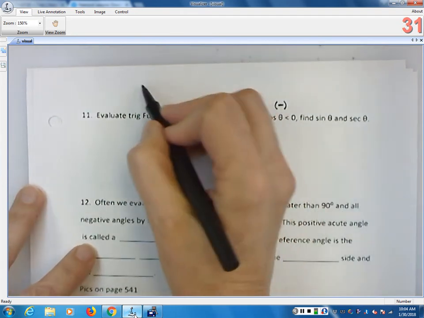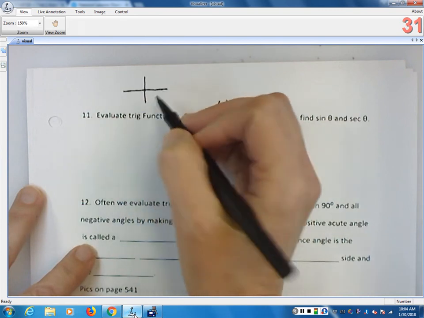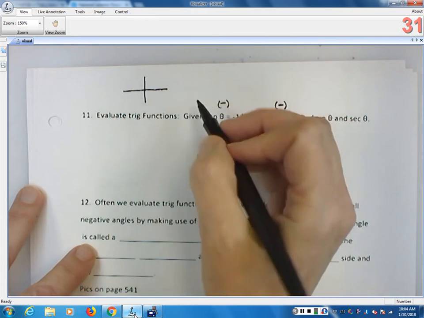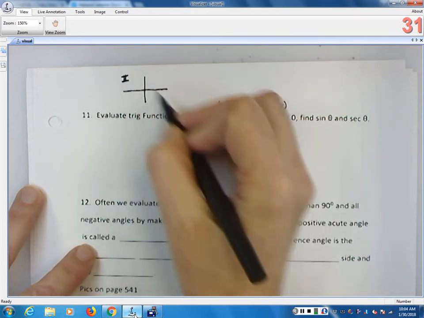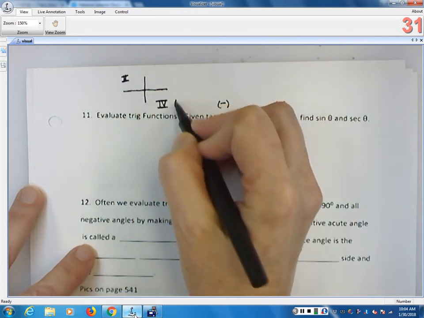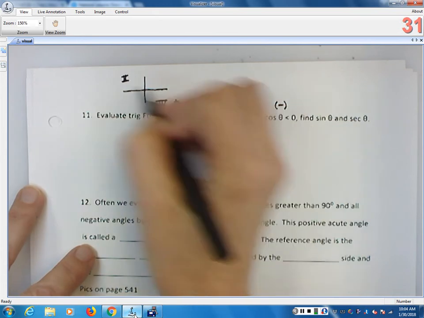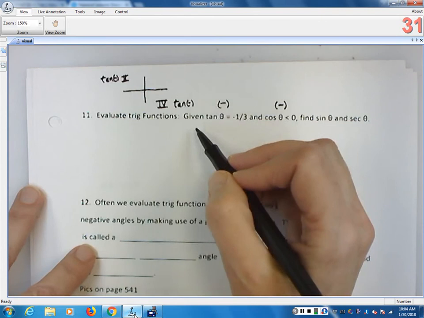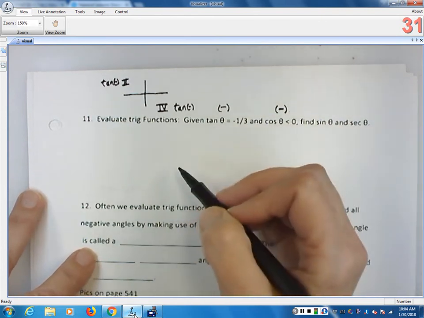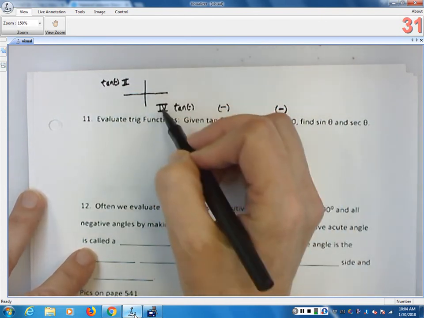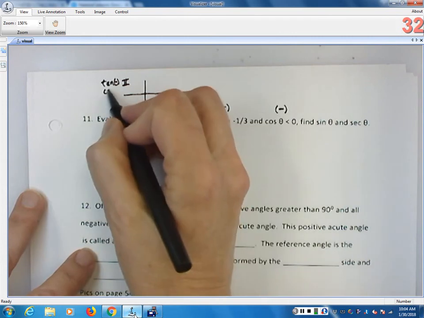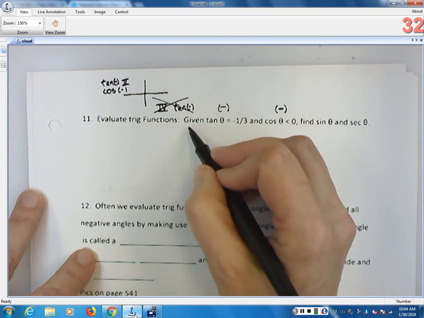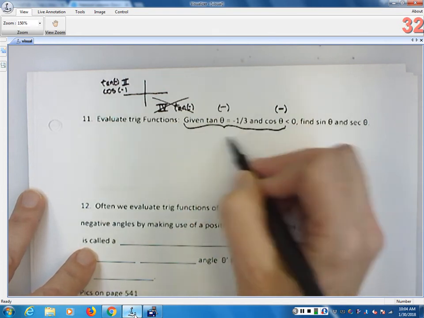So where is tangent negative? Tangent is sine over cosine, so tangent is negative in the second or the fourth. But which quadrant would we be in if cosine is also negative? Cosine is x. It's positive here, so we're in quadrant 2. This tells us we're in quadrant 2.